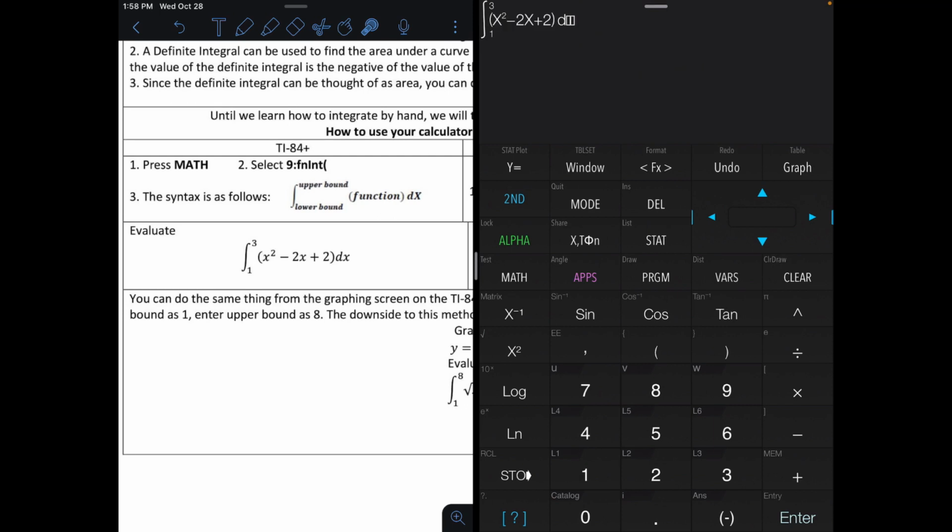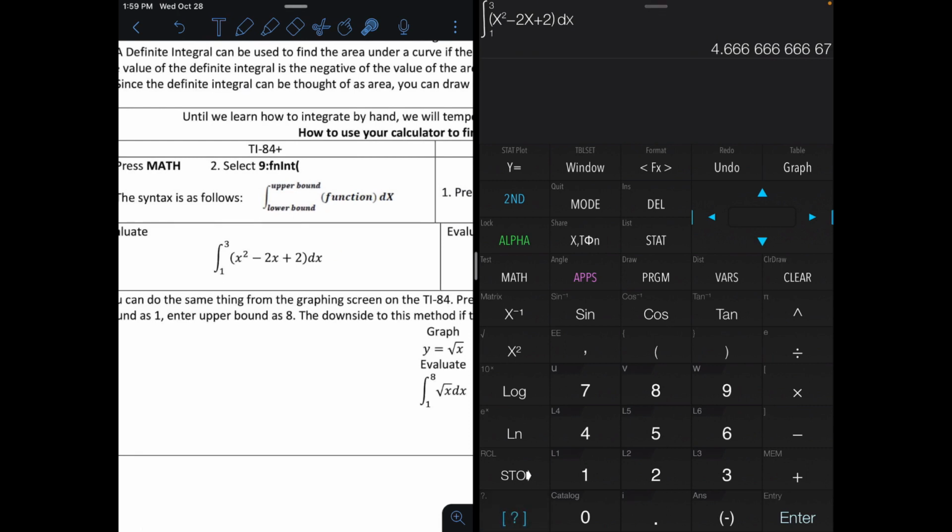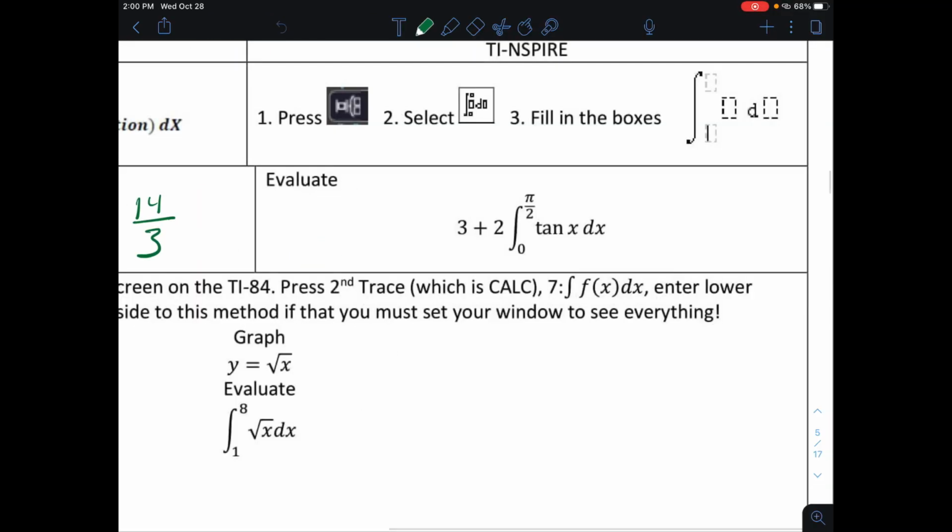Words of wisdom: always put it inside of parentheses unless the calculator automatically puts parentheses there for you. The last block is going to be whatever your variable is. So this is how I type it in exactly the way it looks on my paper, and I press enter, and then it gives me my answer, which for this one is 4 2/3, or 14 over 3.